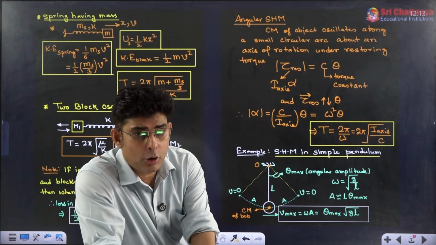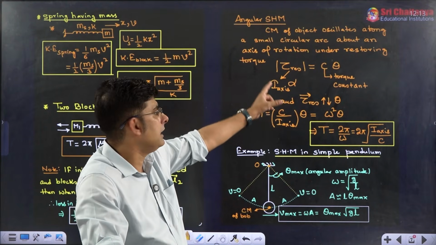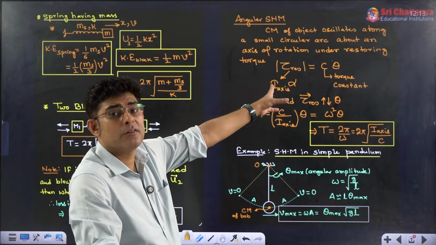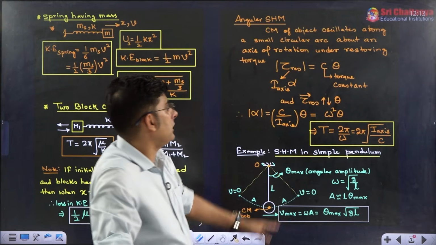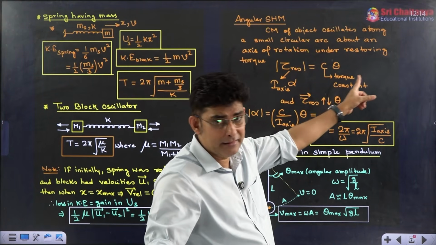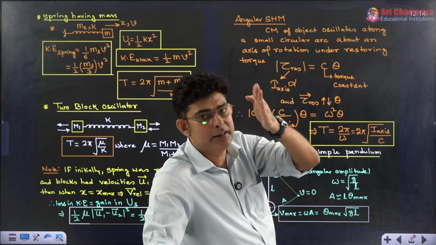Taking an analogy with translational or linear SHM, where force was proportional to x, here torque will be proportional to theta. Theta is the angular displacement, to be taken very small and in radians from the mean position, if you take the mean position line as theta equals 0.